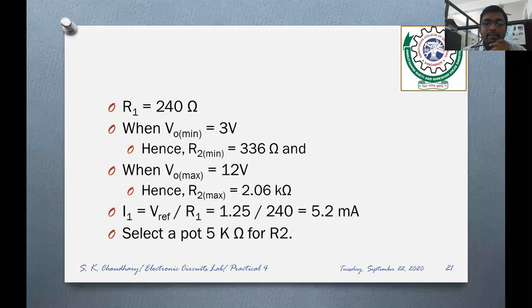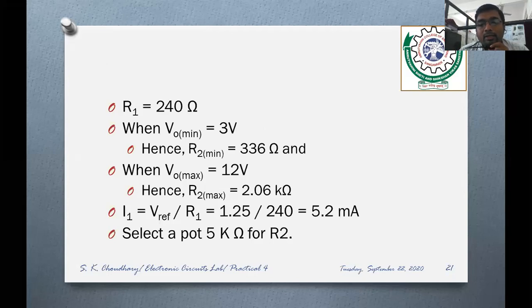According to our design, we have to select a potentiometer of 5K that would vary the value of the resistor from 330 ohm to 2K as per our design.